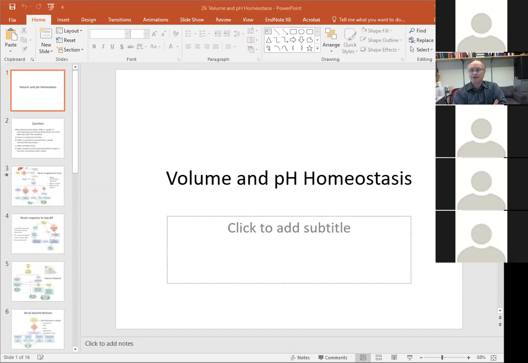Today we're going to start with another mechanism carried out by the juxtaglomerular apparatus, this time when the sodium load is low. And so question number one is, which enzyme is released by juxtaglomerular cells of the kidney and cleaves angiotensinogen made by the liver?